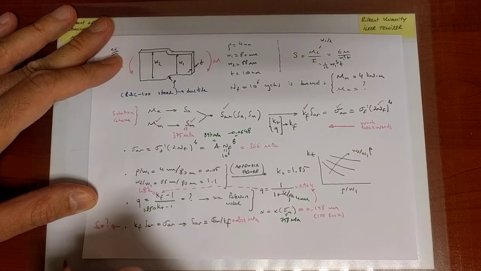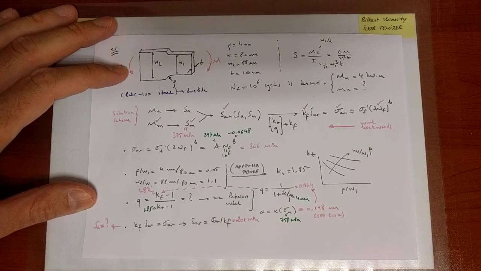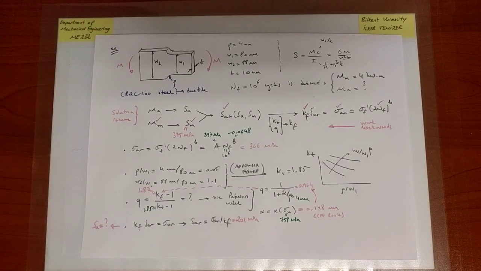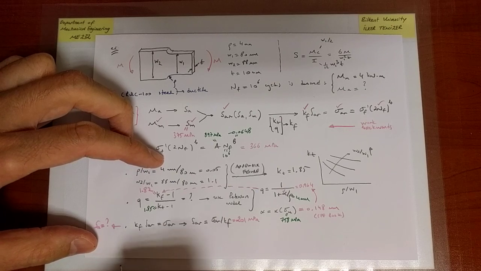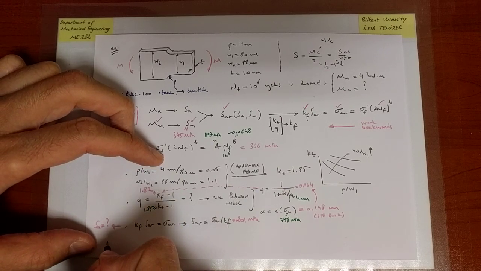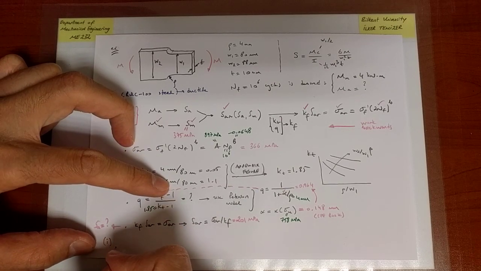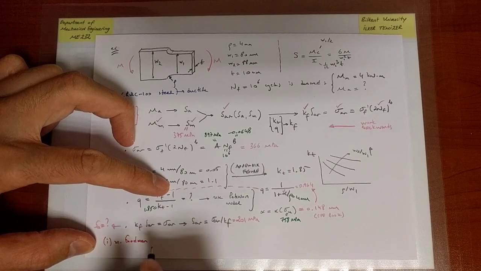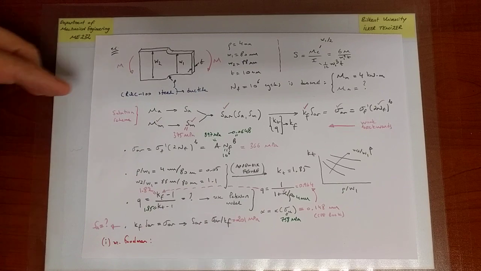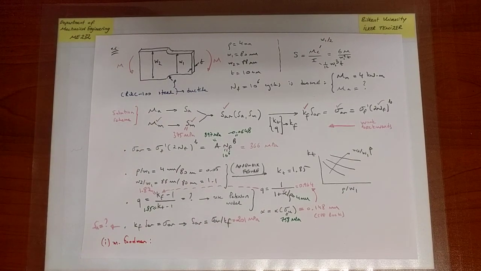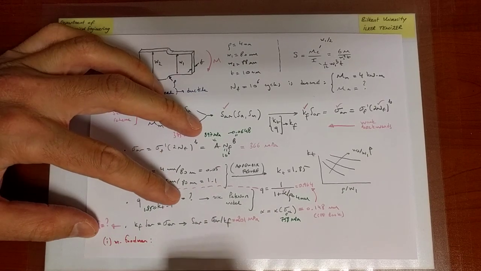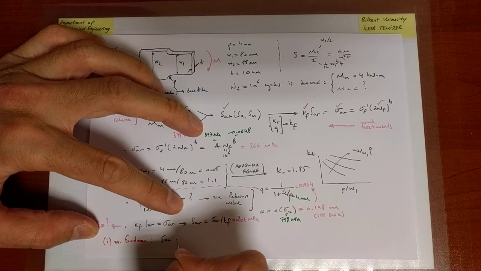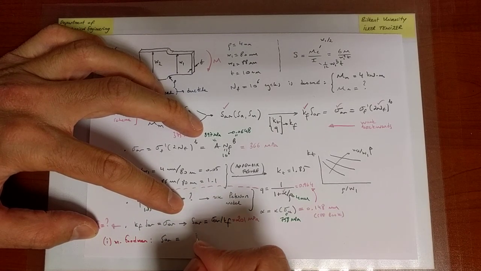And for that, I need to pick a proposal for the form of the function. I will pick two proposals. The first proposal is the modified Goodman equation. And modified Goodman works as we already discussed, so I'm just going to write down the result that relates SAR to SA and SM.